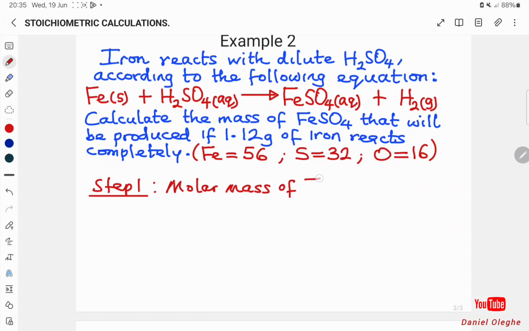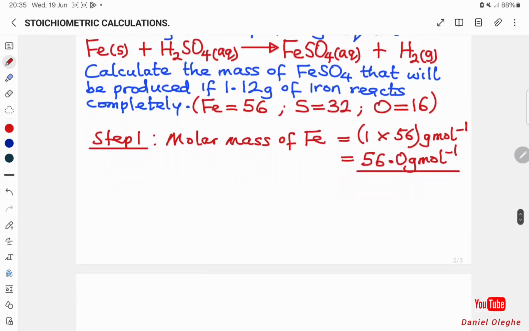The molar mass of iron, being a metal, is going to be 1 multiplied by the atomic mass, gram per mole, and that gives us 56.0 gram per mole. We also calculate the molar mass of FeSO4, which is the product, as follows.